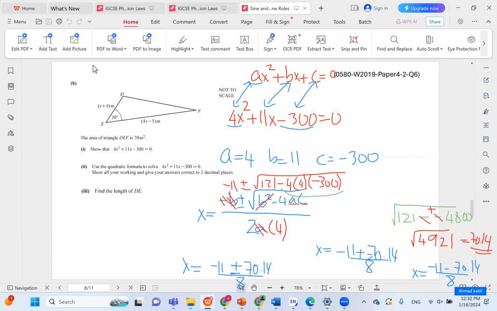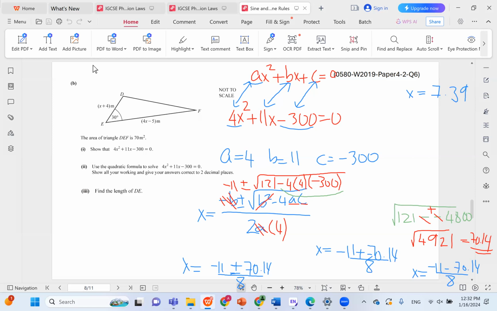For the first one, we get negative 11 plus 70.14 divided by 8. X is 7.39, or actually it's 0.3925, but we just want 2 decimals, so 7.39 is fine.